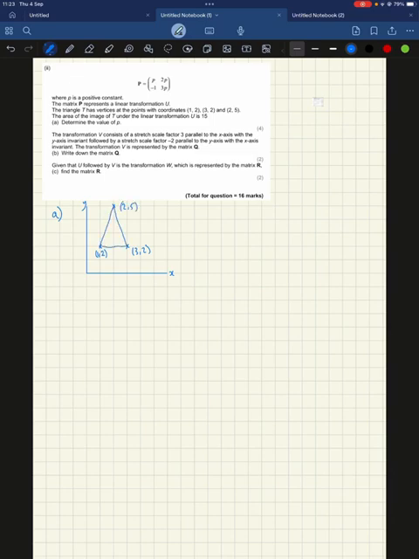Okay, so this is the triangle T. Right, now we can draw a perpendicular line down there, and we can find the area of the triangle.